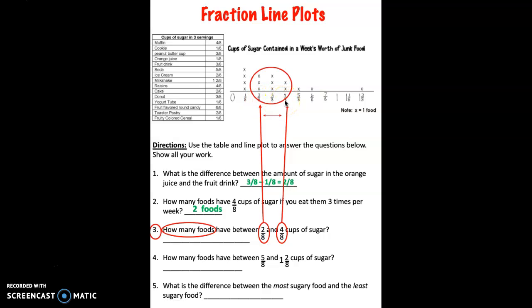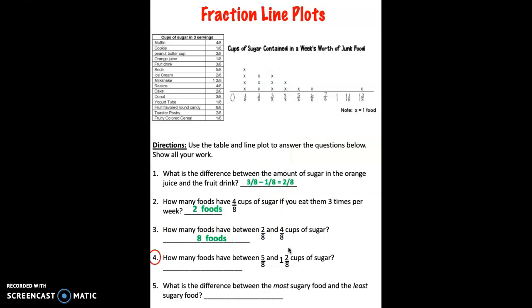So I circled it for you. We're going to count the amount of X's that are between 2/8 and 4/8. So I have 1, 2, 3, 4, 5, 6, 7, 8. That 8 represents the amount of food between 2/8 and 4/8 cups of sugar.